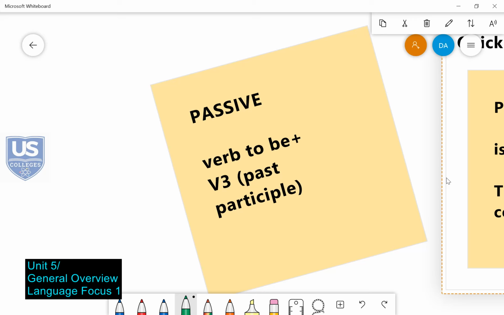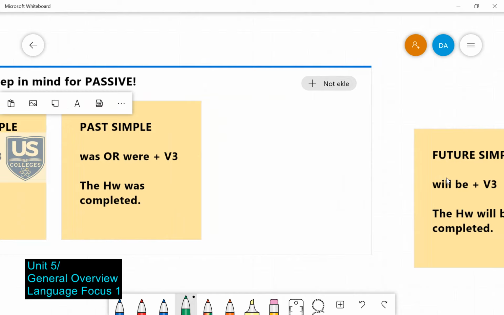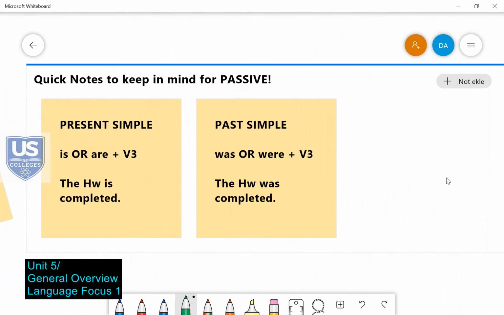You're supposed to either memorize the irregular verbs list, or you need to learn them. When it comes to passive, you're supposed to learn them by heart. There's no other chance for you to use them in another way. So, some quick notes to keep in mind.